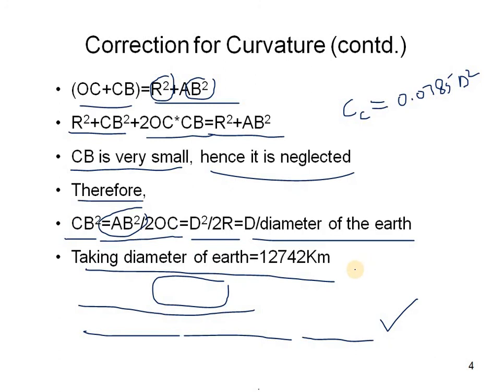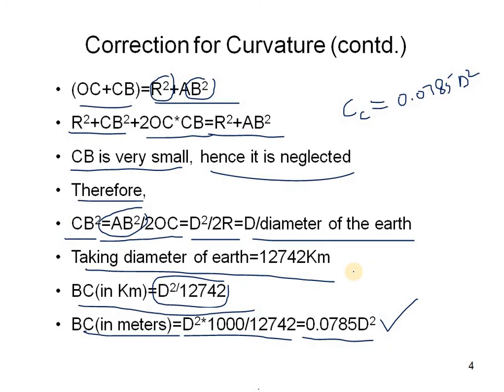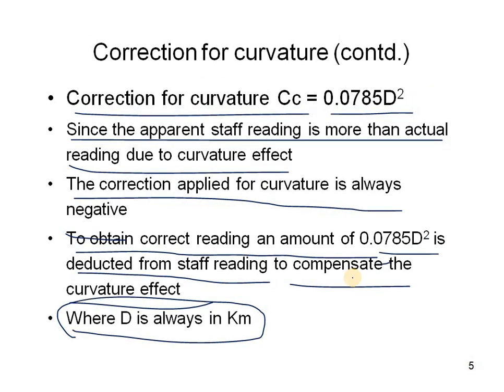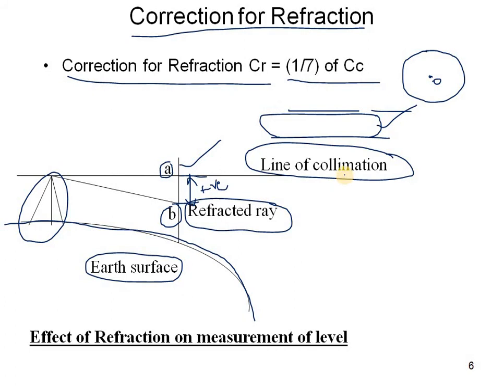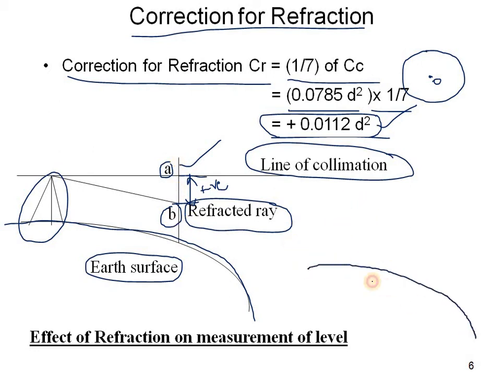So in some cases this curvature will be reflected in some positions. We can observe here, this is a flat surface position. When it observes the line of collimation, you can see here whether the staff is in a straight position or in this position.